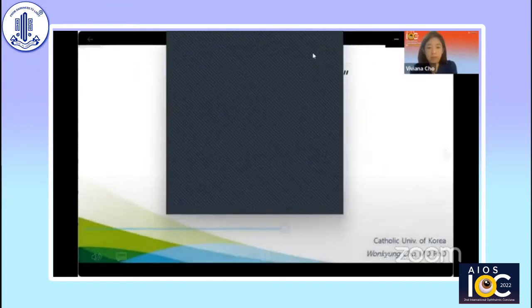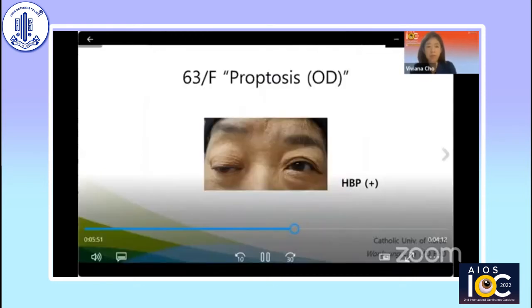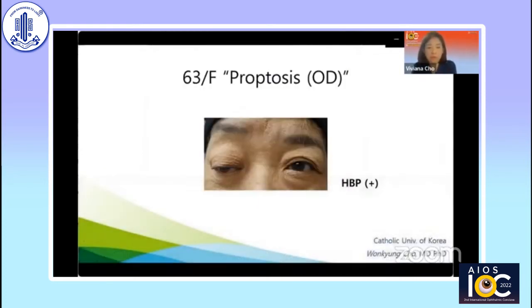Next case. I got a call from the ER because a 63-year-old female patient came to the ER for proptosis of her right eye. She had hypertension as an underlying disease. As you can see in the photo, her right eyebrow goes higher than the left, and the right eyelid is droopier than the left.